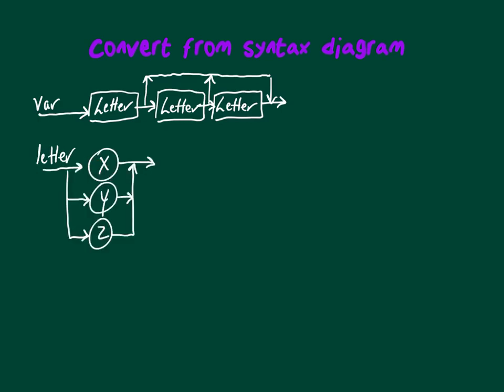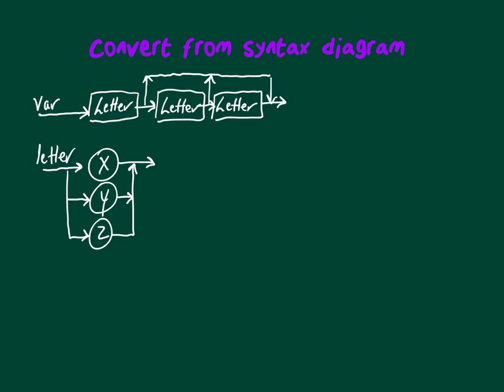So in the previous page we said that the valid letters that we could use are either x or y or z. Okay, so x or y or z. It has to be one of those 3. There's no other path. They're not optional. And because it's in a circle, that's an actual character rather than an identifier.